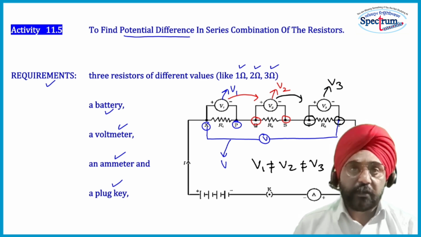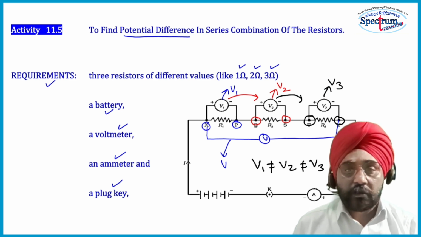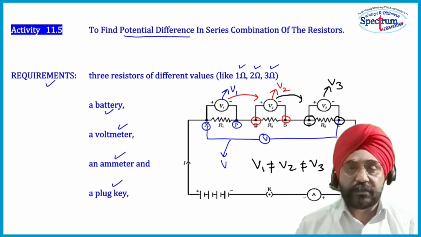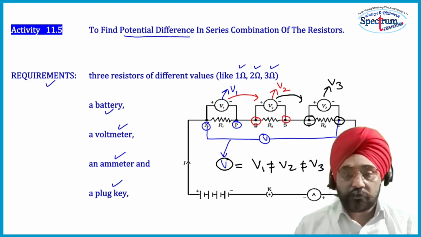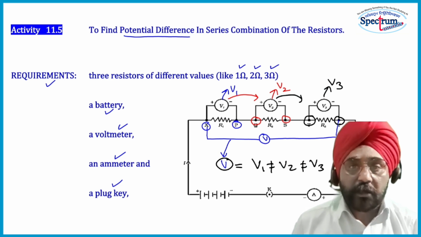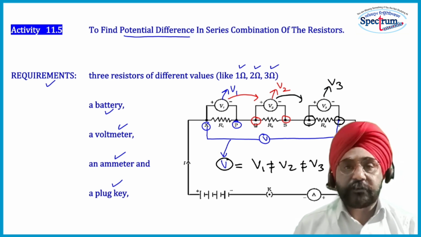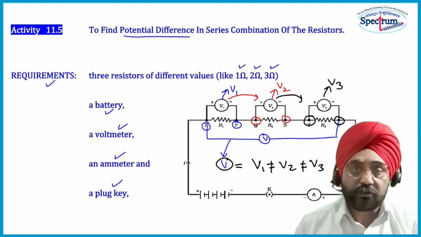So all the three values we obtained from the voltmeter at different positions are not the same, and this is again not equal to value of V. So it means potential across the resistors connected in series combination is not the same.